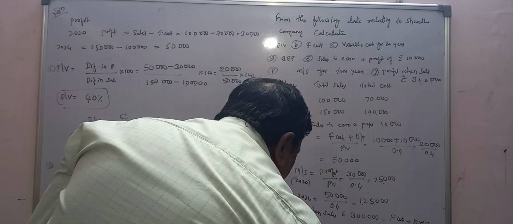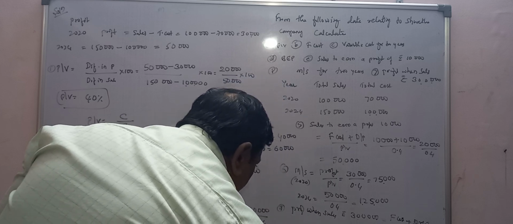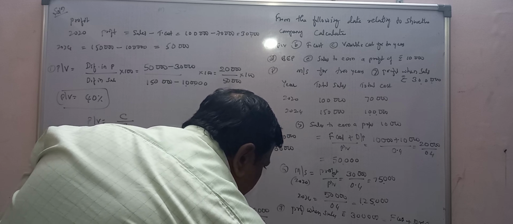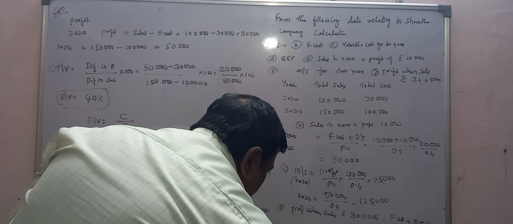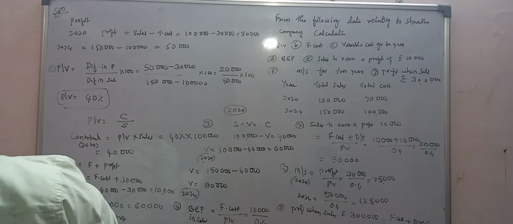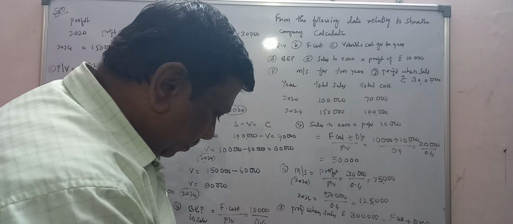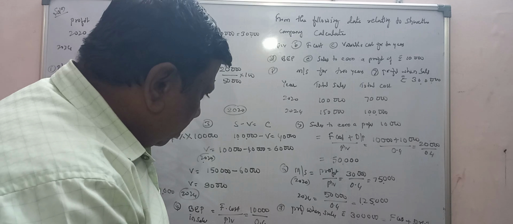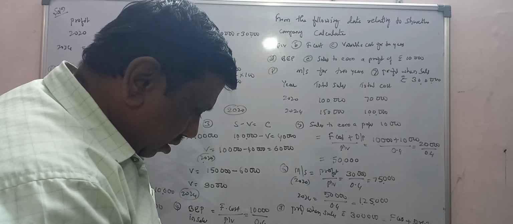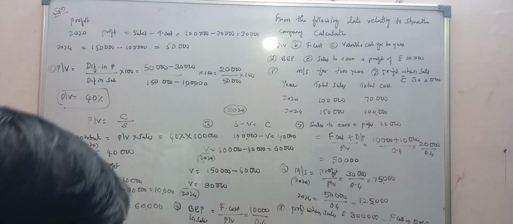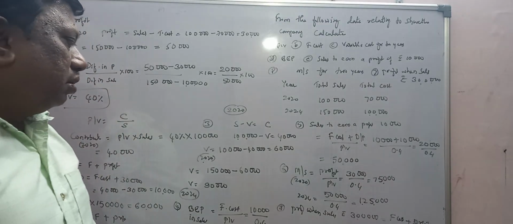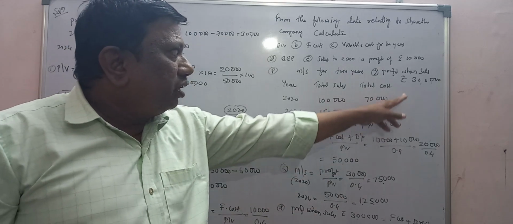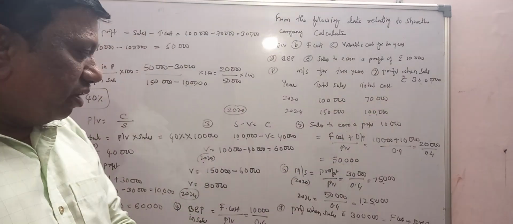So profit equals 1 lakh 10,000. If we want to earn a profit of 1 lakh 10,000, then our sales should be 3 lakh. If we sold 3 lakh, we'll get profit of rupees 1 lakh 10,000.